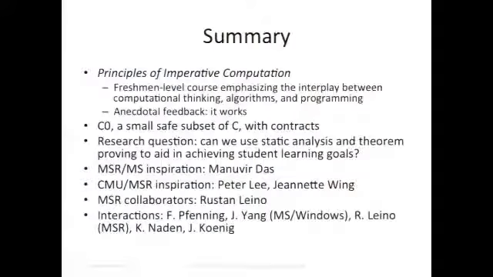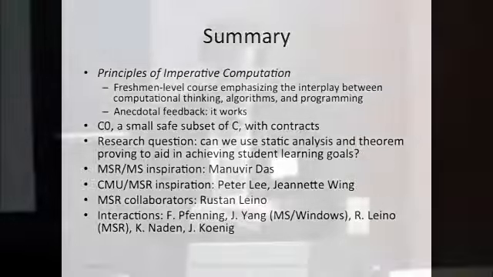Okay, so to summarize, we have designed here, with support from the Computational Thinking Center, the Principles of Imperative Computation course, which is a freshman level course, which emphasizes the interplay between computational thinking, algorithms, and programming. And the anecdotal feedback, we haven't done any scientific study, is that it works. It works for the downstream courses.